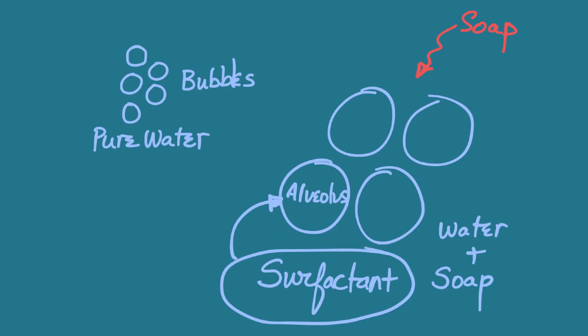So more soap, bigger alveolus, and more soap, lower the surface tension. So the most important thing we need to remember here again is that the surfactant lowers the surface tension of water inside the alveolus.